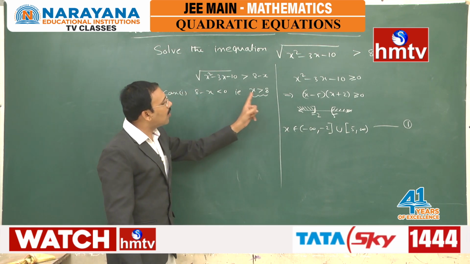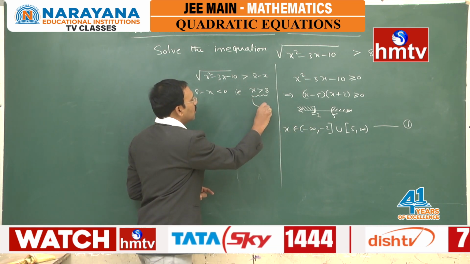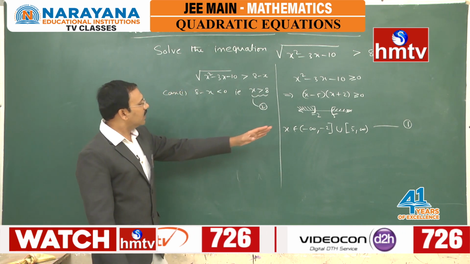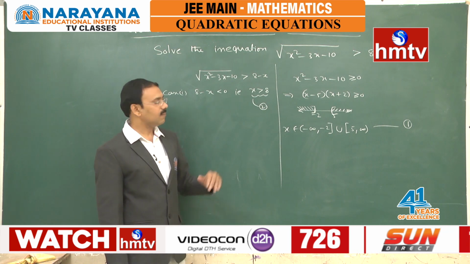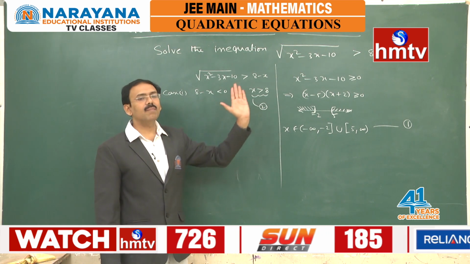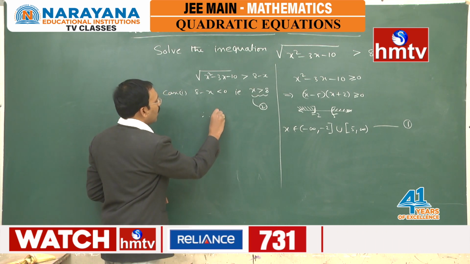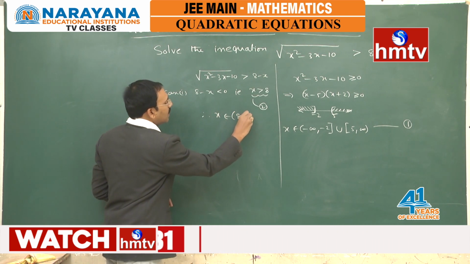That means the combination of these two is going to give the solution in this case. So, in this interval you can take any number greater than 8 as solution. Therefore, x belongs to 8 to infinity.